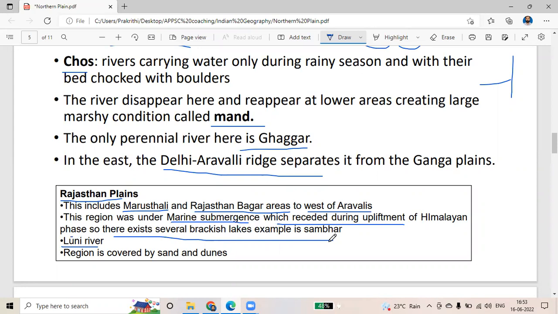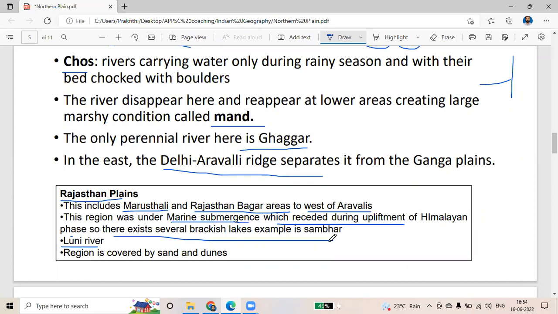When there was convergent movement between the Indo-Australian plate and the Eurasian plate, I said there was a sea in between, the Tethys Sea. With such a collision there was a depression, and the Tethys Sea started receding, and instead there were multiple lakes.